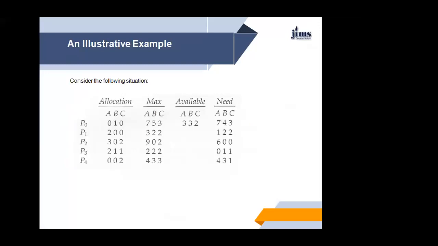And the need matrix is defined as max minus allocation. How will we calculate this need?